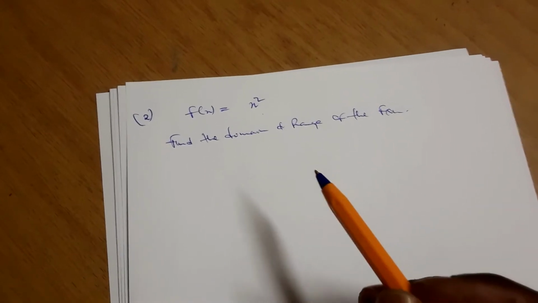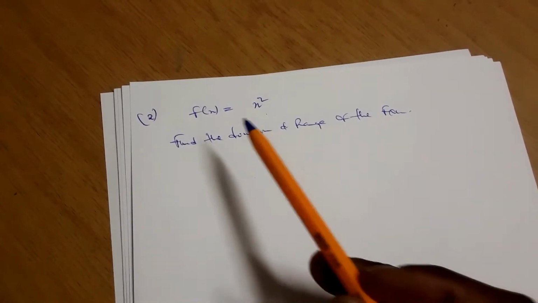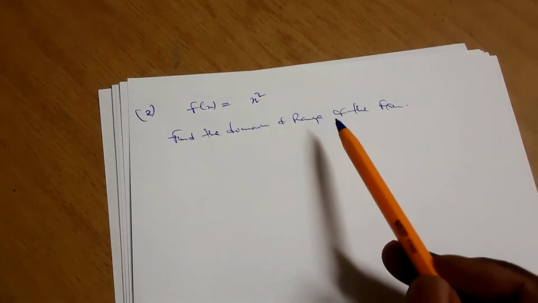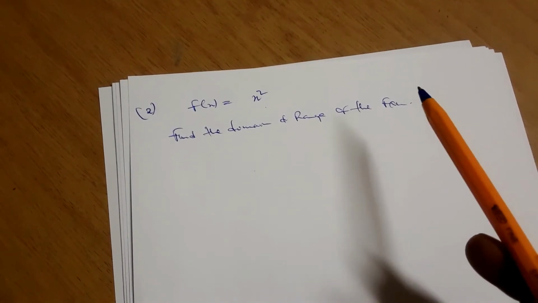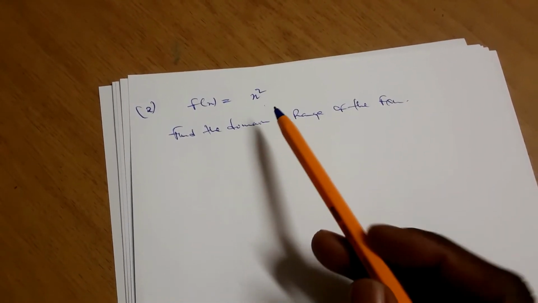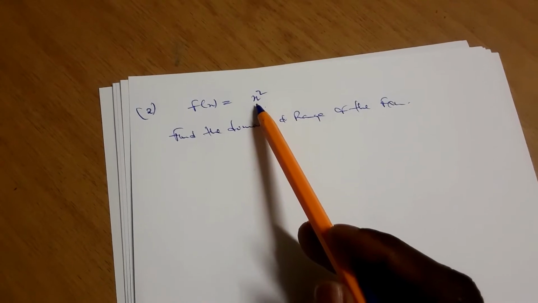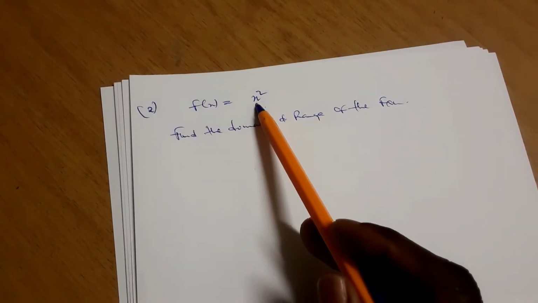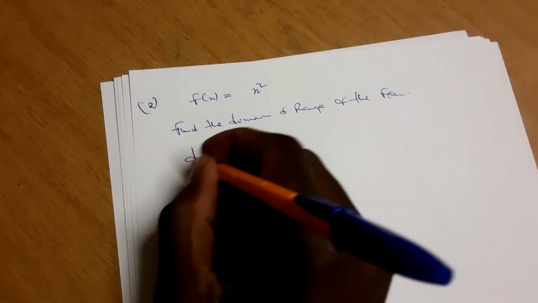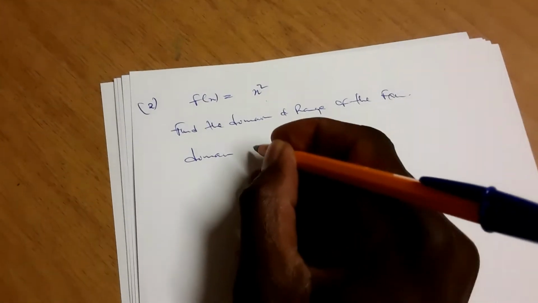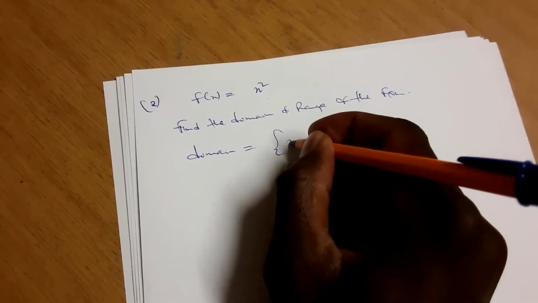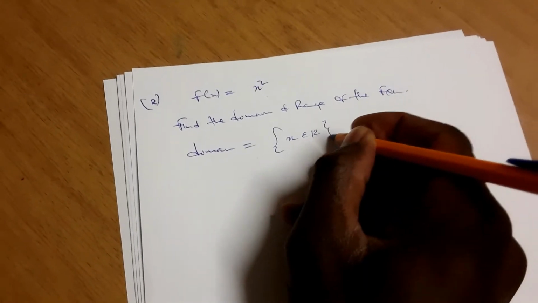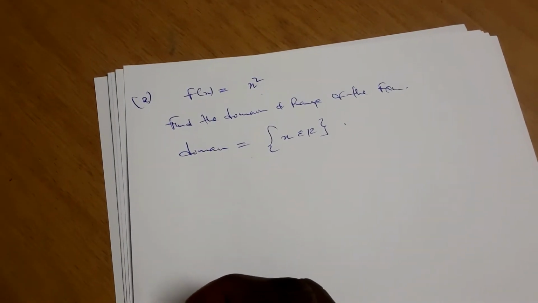So we said that the domain is the set of the values for which this function is defined, right? And the range is the set of values which the function can obtain, right? So we can see that for any value of real number that we put here, this function is defined. So it means our domain is x is an element of real numbers, right?